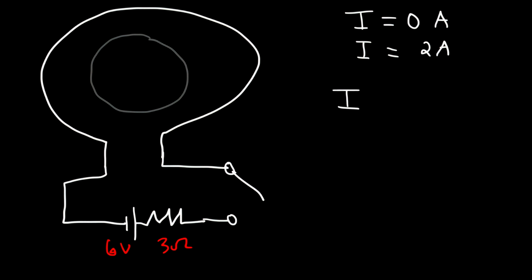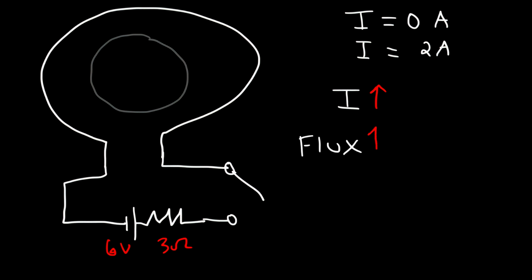So let's say it's a 6-volt battery and we have a 3-ohm resistor. So right now the current is 0 when the switch is open. However, once we close the switch, the current will become 2. So it's going to go from 0 to 2 amps. So therefore, the current is increasing, which means that the flux is increasing.